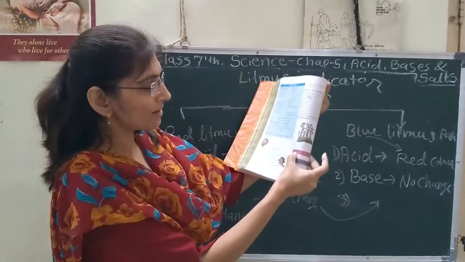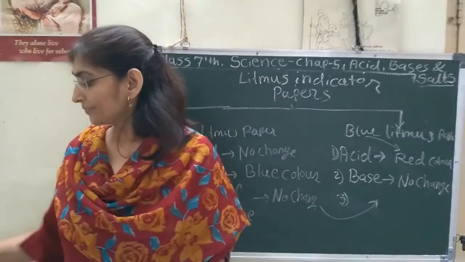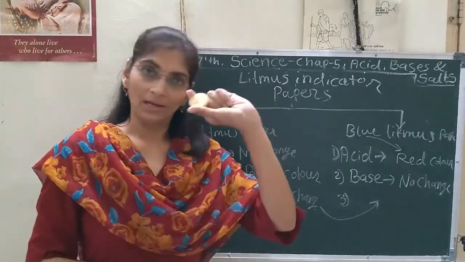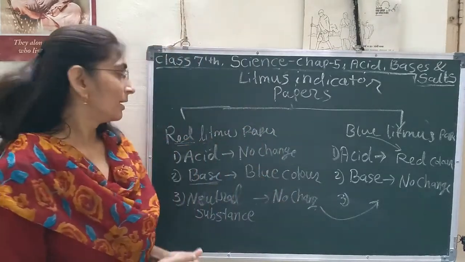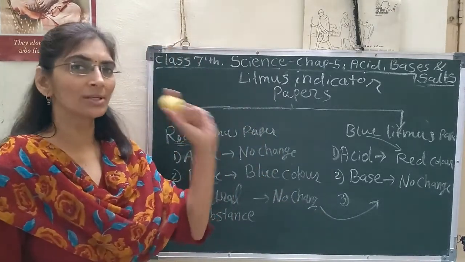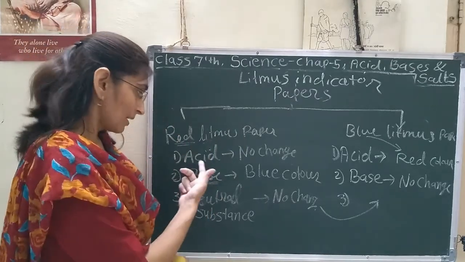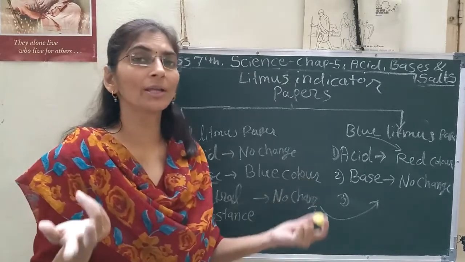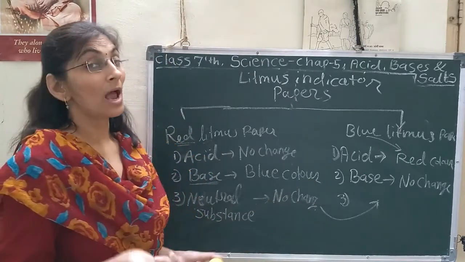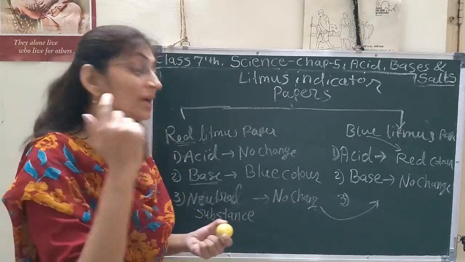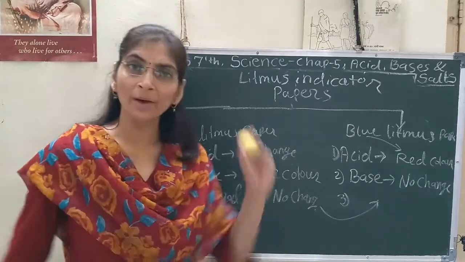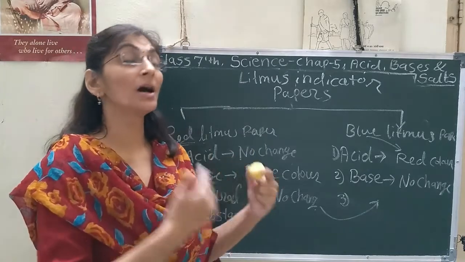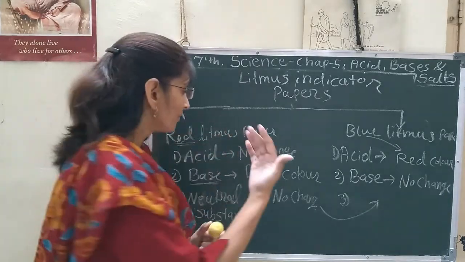Like that, we have to take the litmus papers and dip both of them in that lemon juice solution. What will happen? As the lemon juice is acidic, the red litmus paper will not give any reaction. And as soon as you dip the blue litmus paper in that lemon solution, it will turn its color to red.